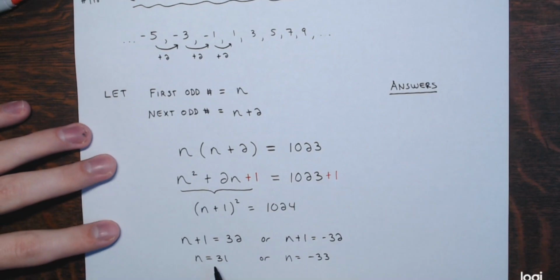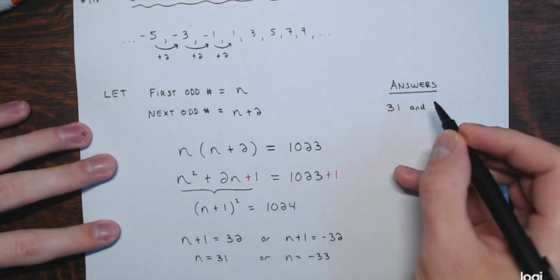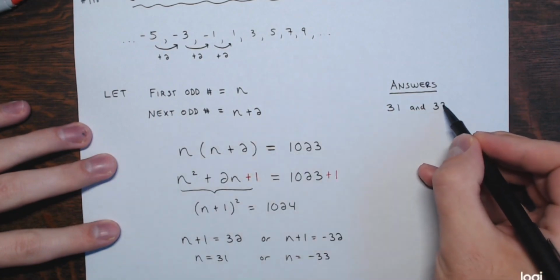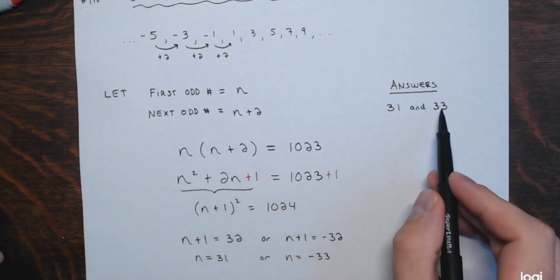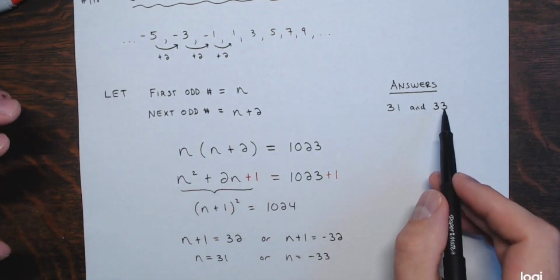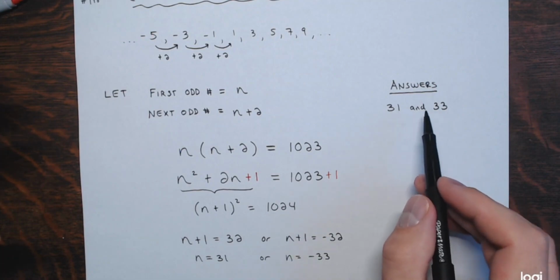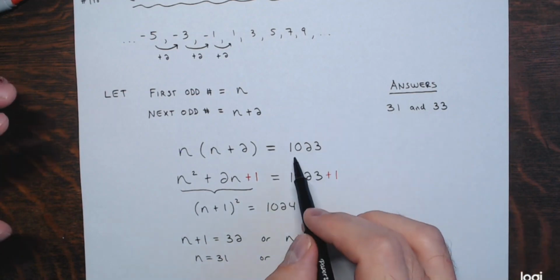When n is 31, we got 31, and then the next consecutive odd integer would be n plus 2, which would be 33. Right. And check it, 31 and 33, they're consecutive odd numbers. And their product, if you take 31 times 33, that is indeed 1023.